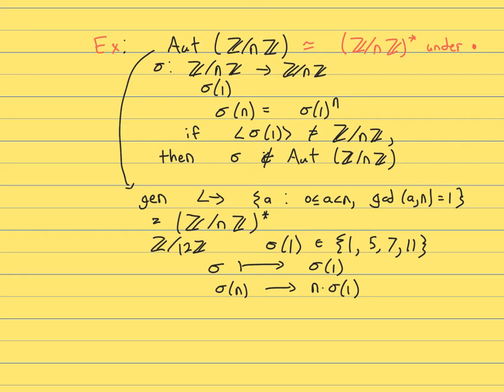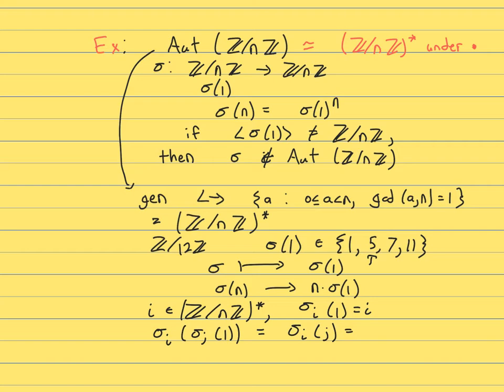Well, how do you show it's a homomorphism? Given one of these choices, let's let sigma i of 1 be i. Well, what's sigma i of sigma j of 1? Well, it's sigma i of j, which by definition of automorphism is just j times sigma i of 1, just j times i, which is sigma ij of 1.